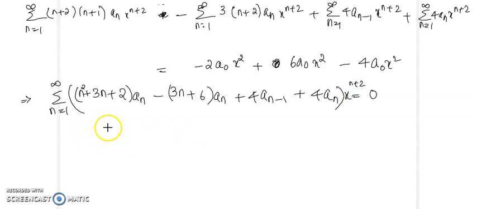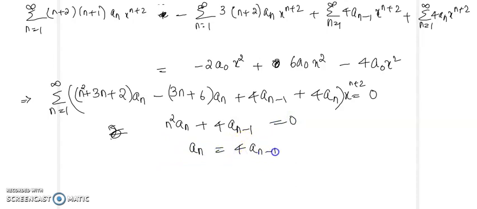So the 3n cancels out, then you have 2 and 4, so 6 an also will cancel off. So you will get n square an plus 4 an minus 1 that will be equal to 0. So an will be minus 4 an minus 1 by n square. That will be the value of an.